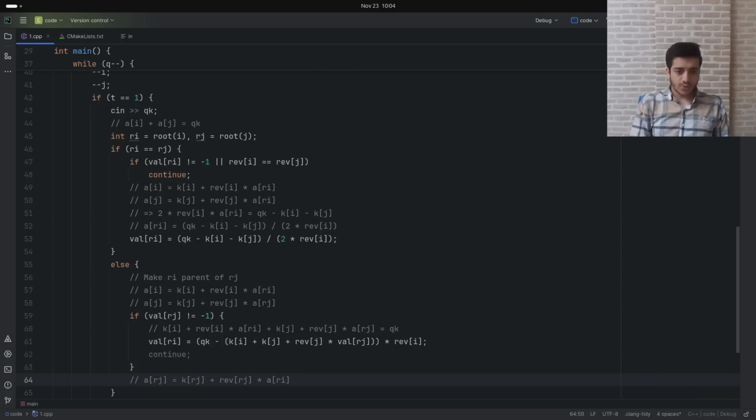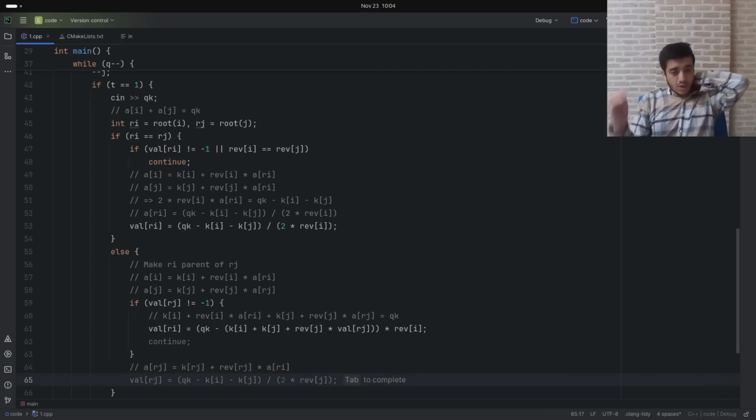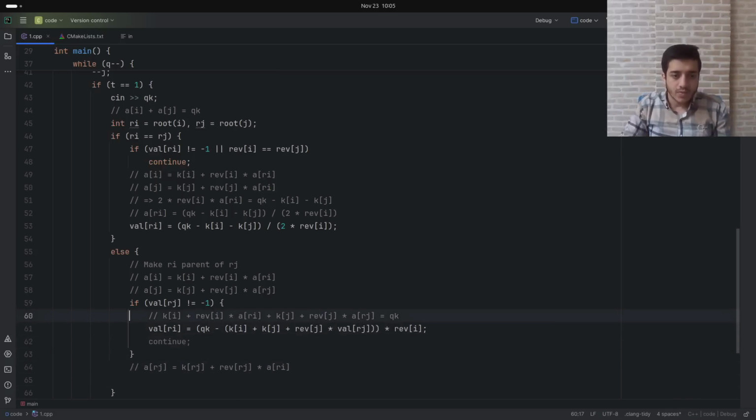And we want to find these two values. To do that, again, we use this equation in line 60, and what we want to do is find a of Rj, right?